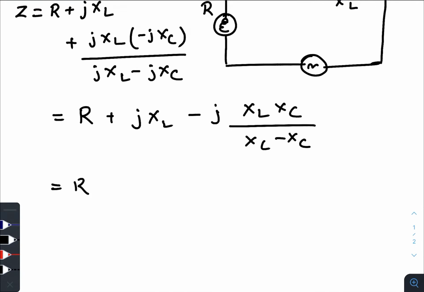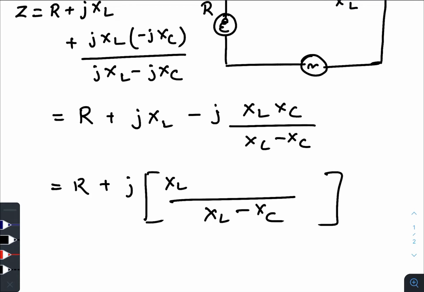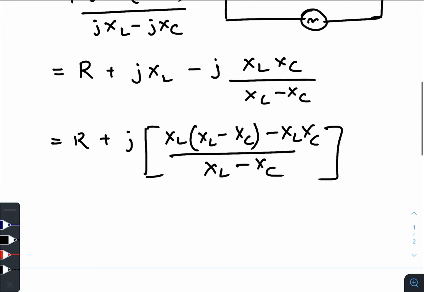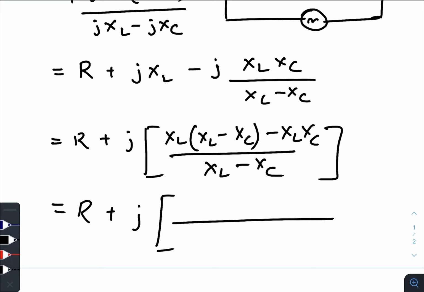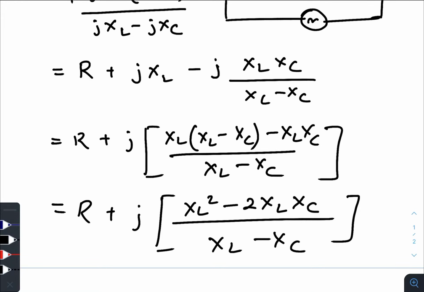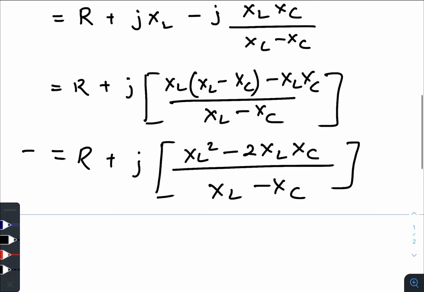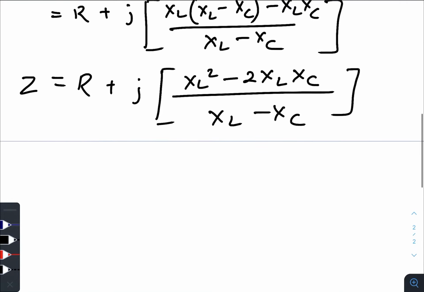So finally it becomes R plus j times (XL squared minus 2 times XL times XC) divided by (XL minus XC). This is the final form of the impedance in complex form.